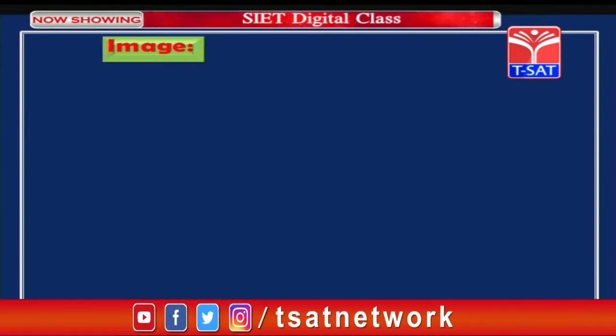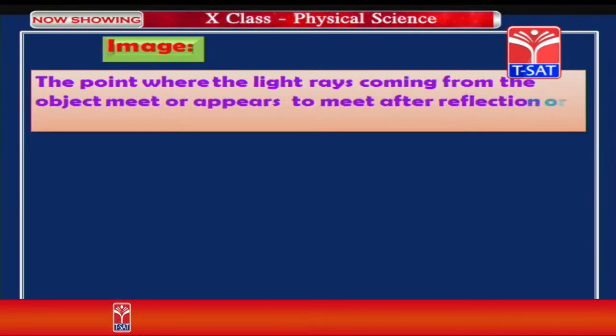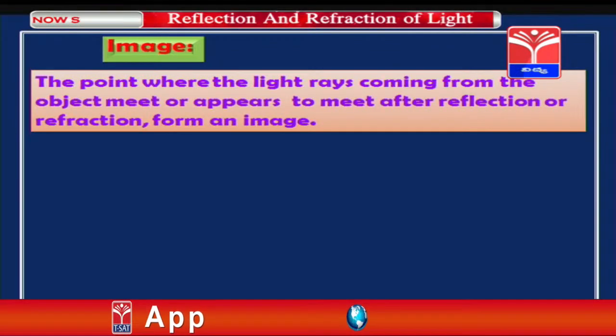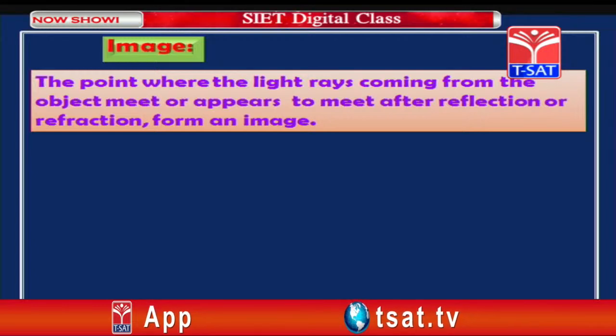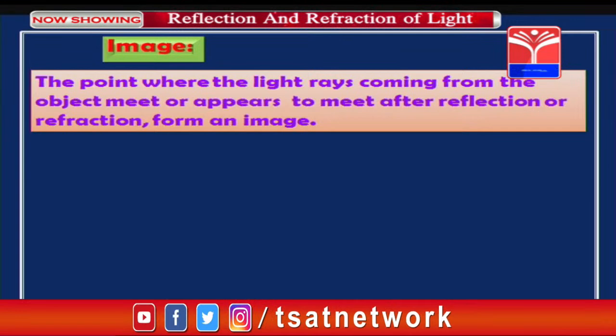Now, we will see image. What is an image? The point where the light rays coming from the object meet or appear to meet after reflection or refraction forms an image.